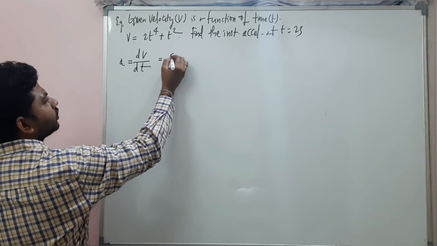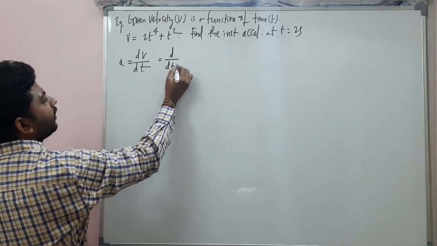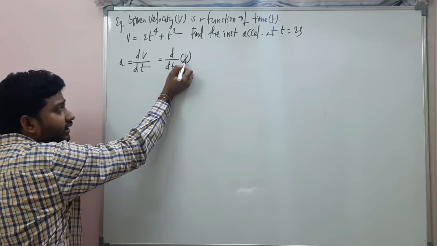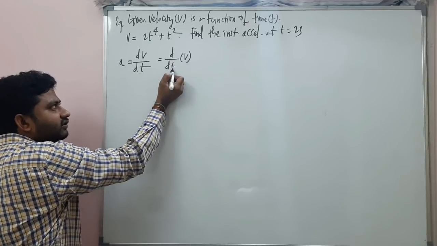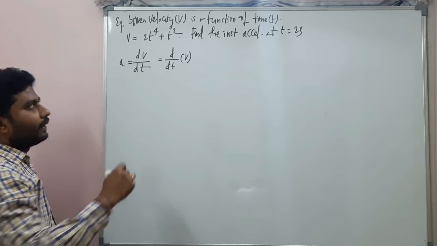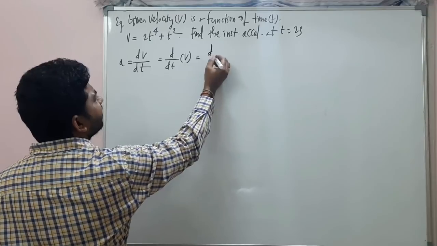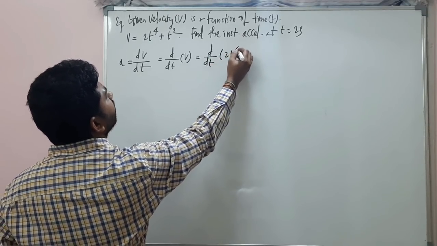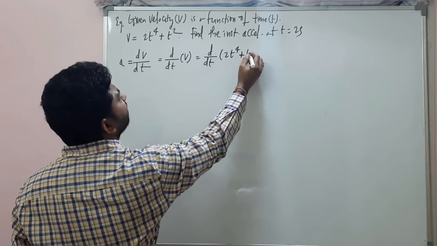So this I can also write as d by dt of v. So this v, whatever you're writing here, must be a function of this t. And this is d by dt of v, 2t to the power 4 plus t square.